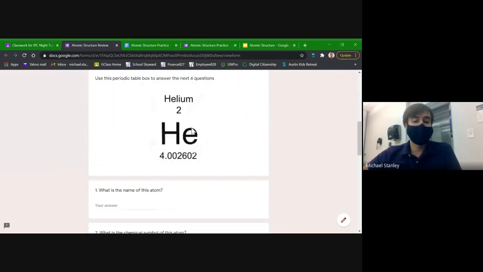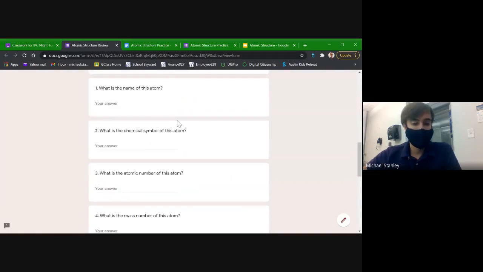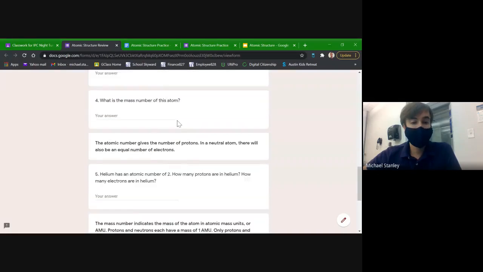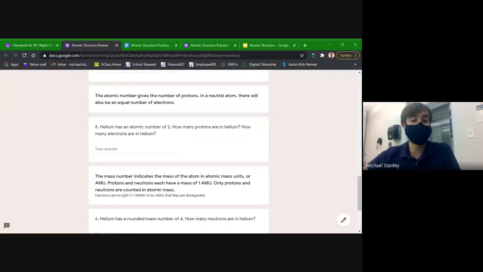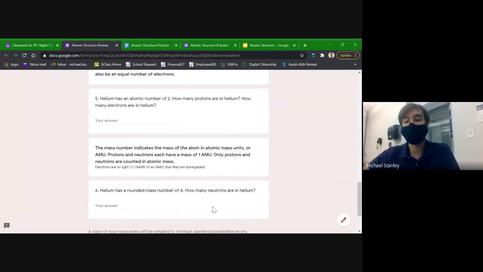Then it has some questions about this atom right here, this little periodic table of this atom. And then it also asks about figuring out numbers of protons, electrons, and neutrons.